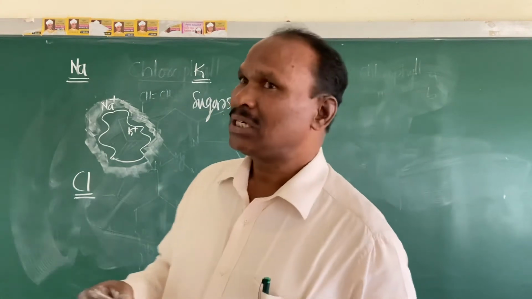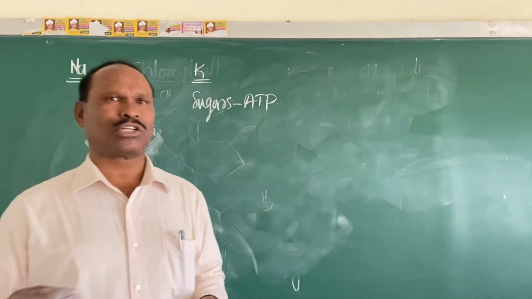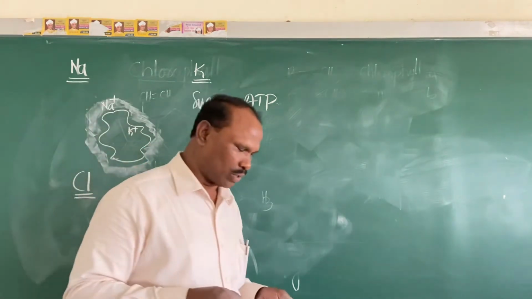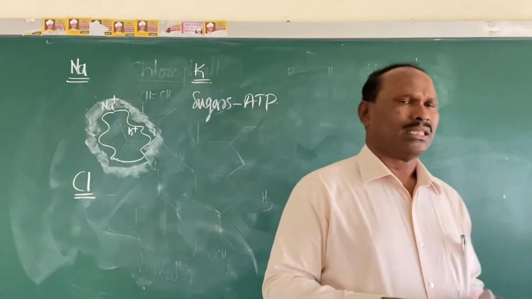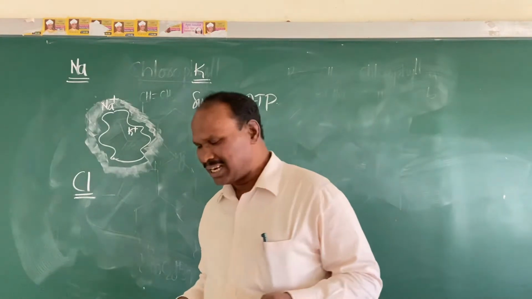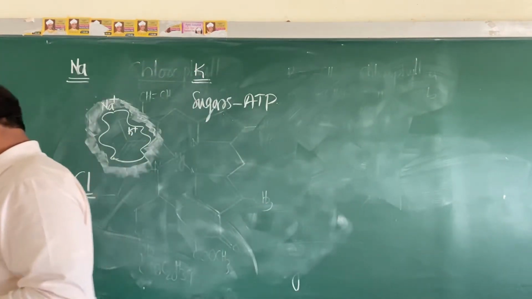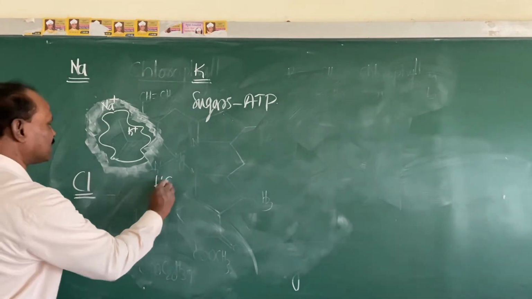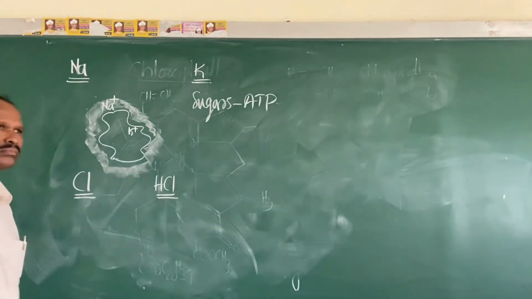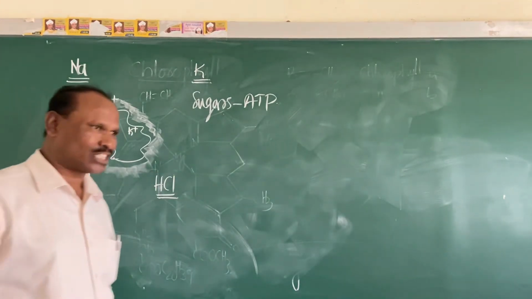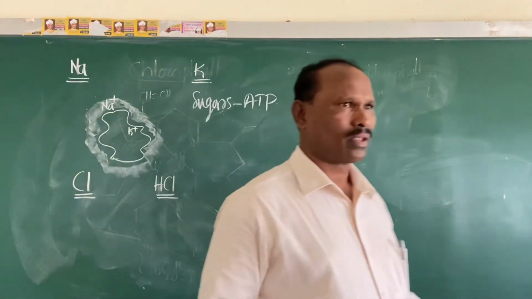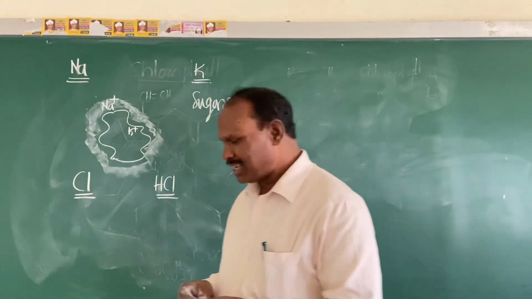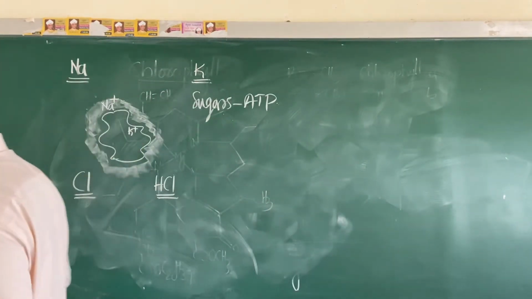And also sweet tomatoes contain a little percentage of chlorine. The functioning of this Cl is that it generates hydrochloric acid, HCl, in gastric juice.